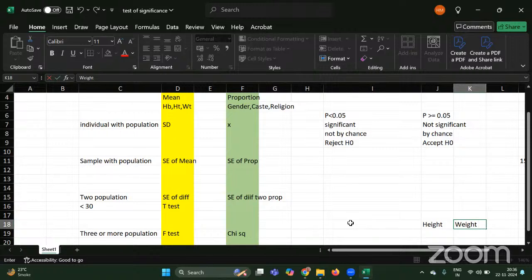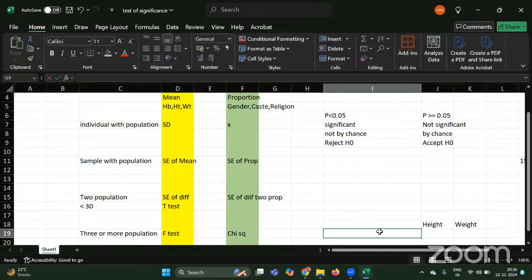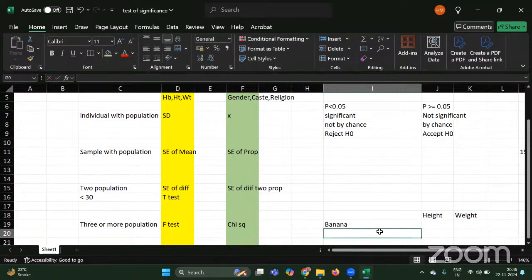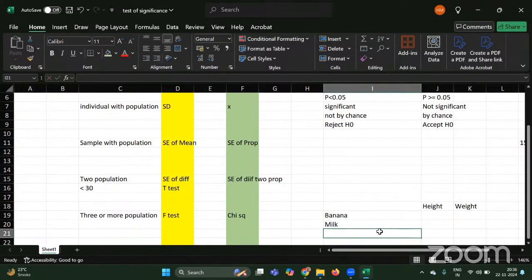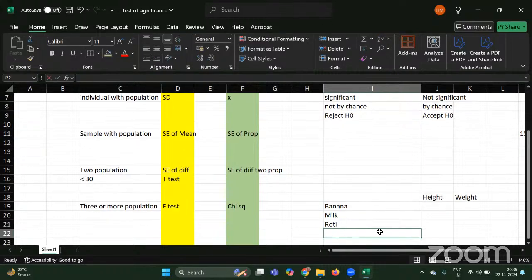And in case the variables are proportions, like the food taken or not, a banana taken or not, or milk taken or not, or a person took the roti or not. There are so many such variables, and then the person becomes sick or not, ill or not.